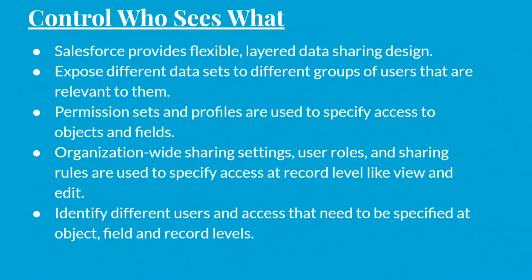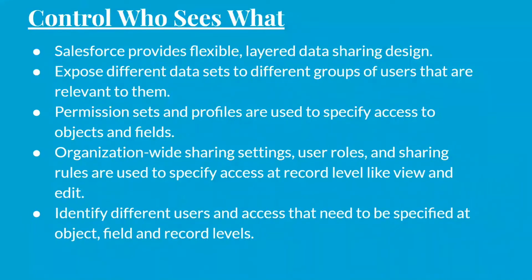When you're talking about the record level, you're talking about a single record in Salesforce, so you can use different methods like org wide defaults, or OWD, or you can define different roles and the role hierarchy, or set different kinds of sharing rules, if you want to share it with a particular set of users.